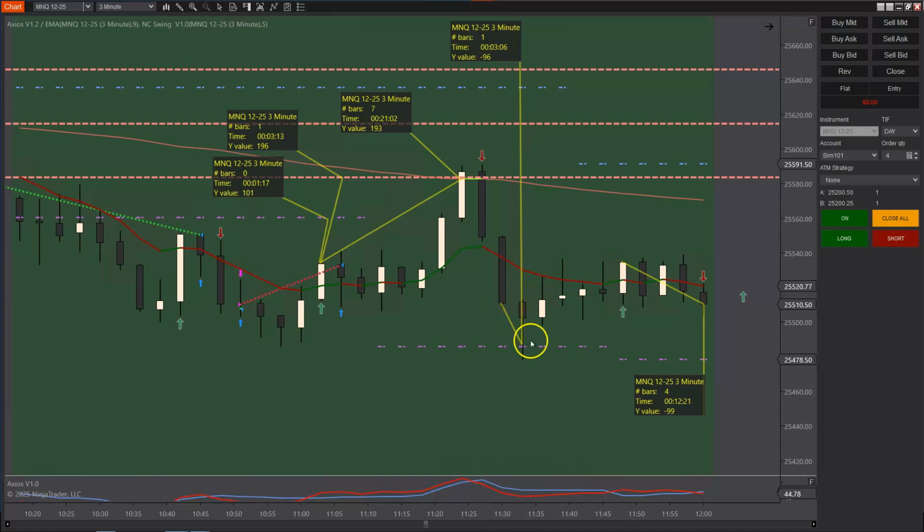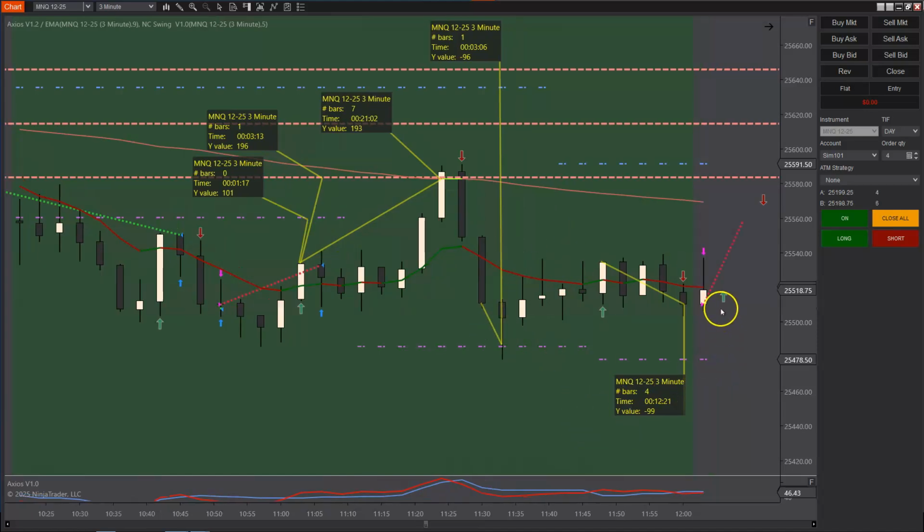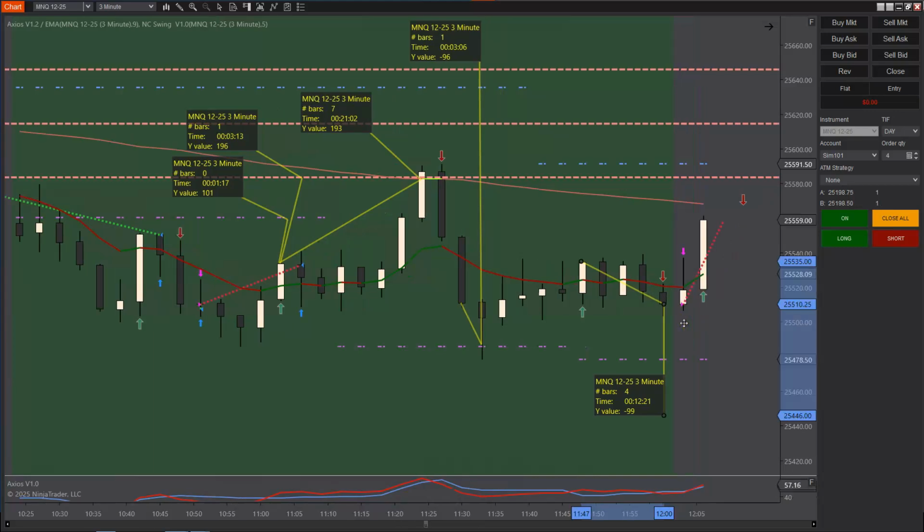Then we could have also taken this, so we'd be up 100 or 200 ticks here. And then this would have been, yeah, that would have been a valid short. That would have been a loss here. But then we did close above here, so now here's another thing.